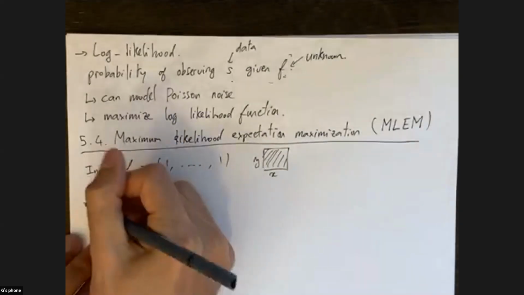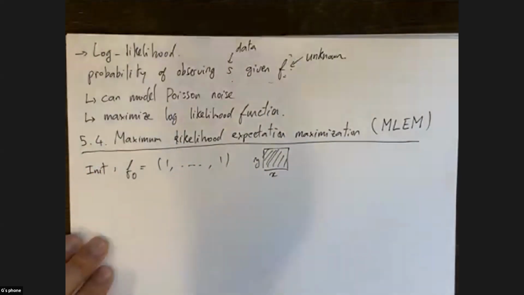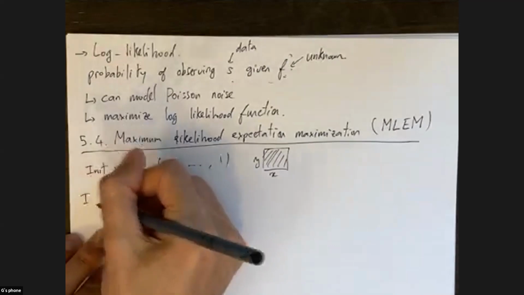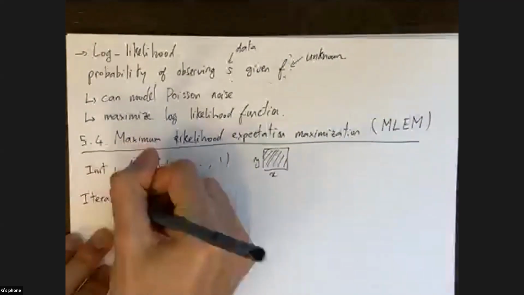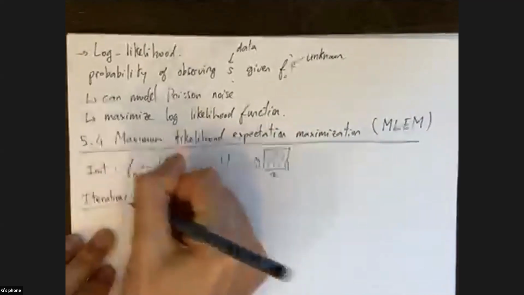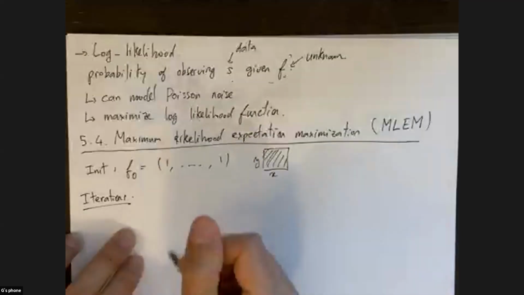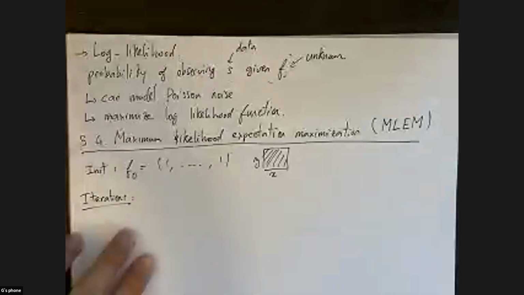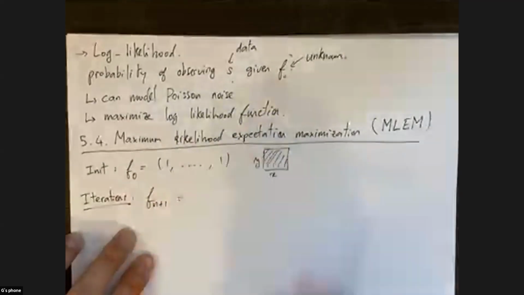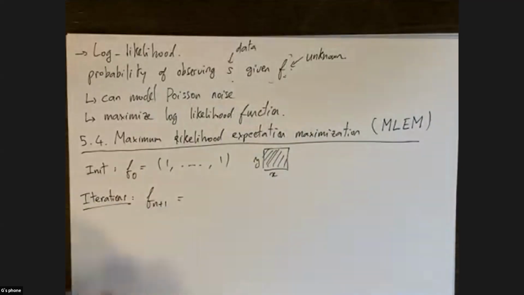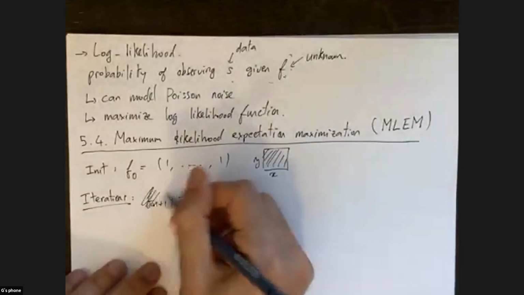And then there's going to be iteration. Iteration means we repeat the same procedure several times until we reach some kind of criterion. So based on the current estimate of the image, we're going to calculate f n plus 1 equal. Actually, I probably need more room. Let me write it a little bit lower.